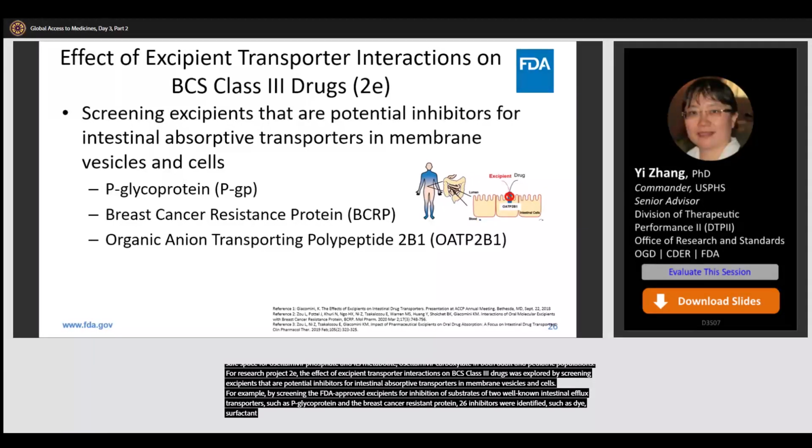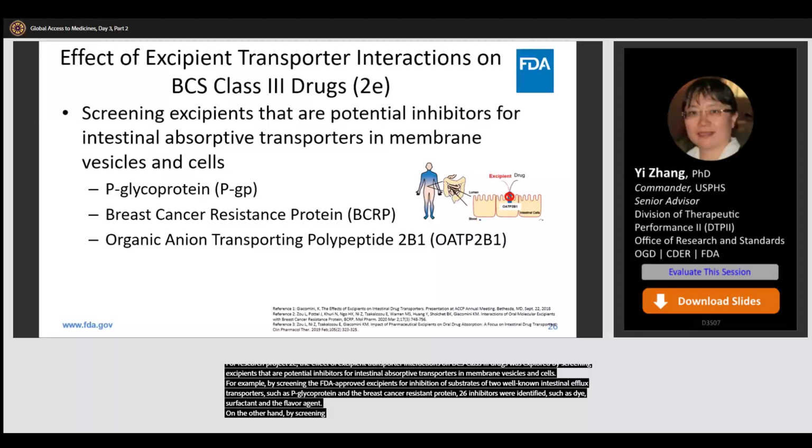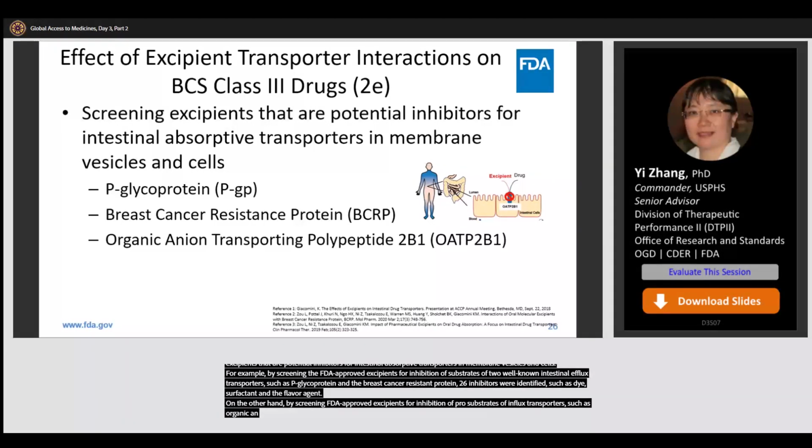On the other hand, by screening FDA-approved excipients for inhibition of probe substrates of influx transporters, such as organic anion transporting polypeptide 2B1, 27 inhibitors were identified, including dye, surfactant, antimicrobial, preservative, and flavor enhancer.